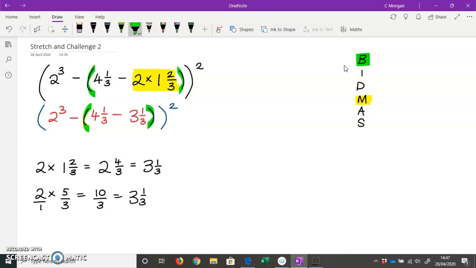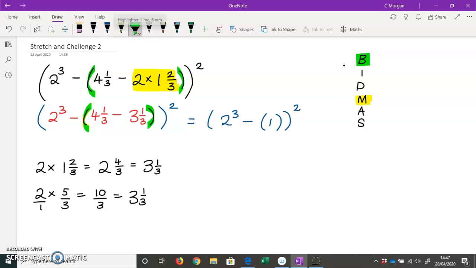So I really need to do that first. Now, I know that 4 1/3 take away 3 1/3 is going to leave me with 1 whole. So I've now got 2 cubed take away the answer to the nested bracket inside, which is 1. I've got to complete the closed bracket for the outer bracket, and that's going to be squared.